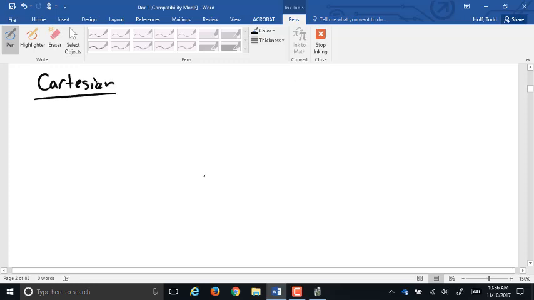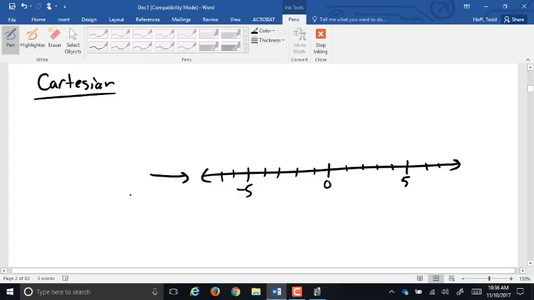And what he did was he said, let's take that standard number line, pretend these are evenly spaced. And we're going to use that to represent one of those numbers. That's going to be the first number, and we're going to call that the independent axis.